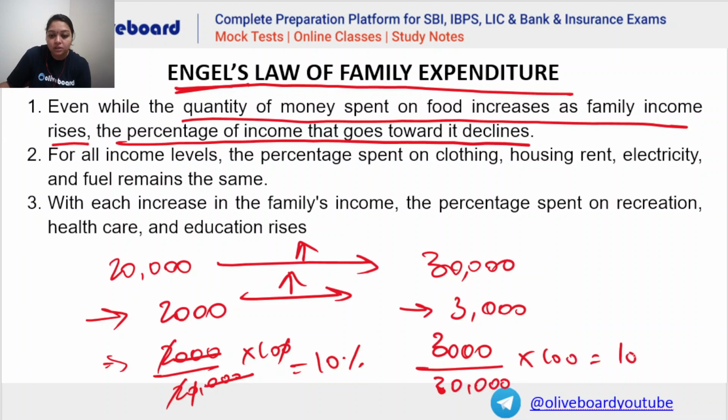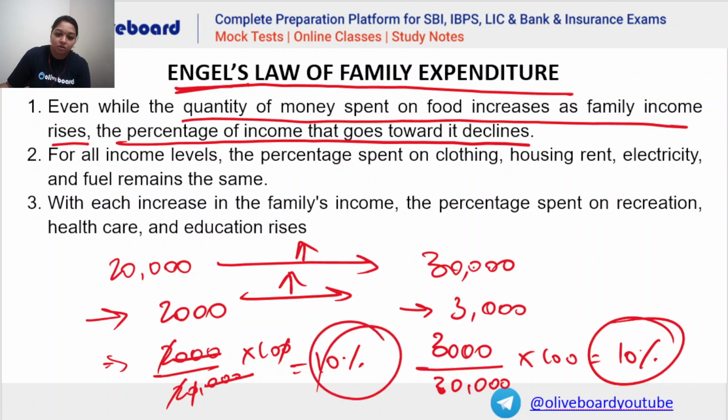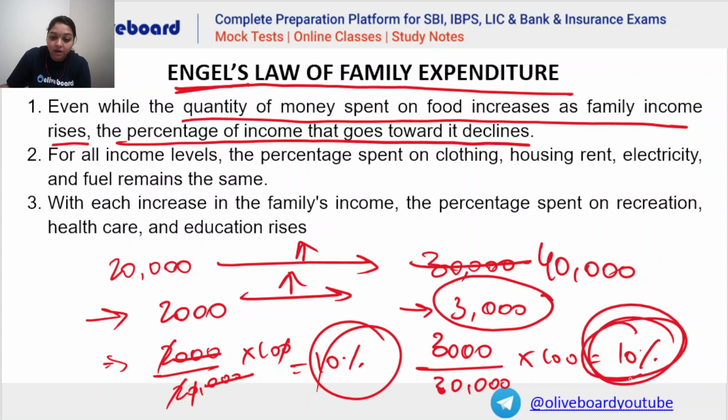It is still 10%, right? So here, if the income rises to 40,000 and they increase the quantity spent on food, but not proportionally, the percentage will reduce even more. Clear? So this is what is said by the first law.